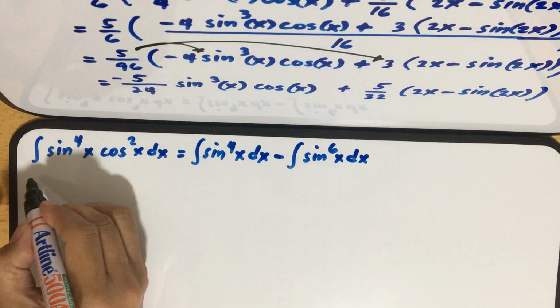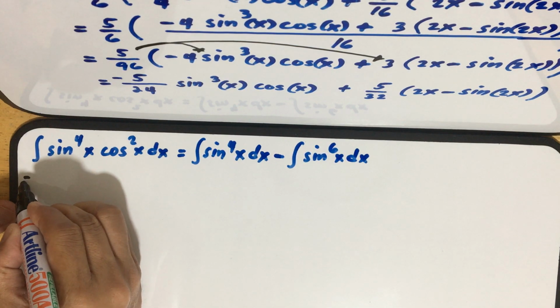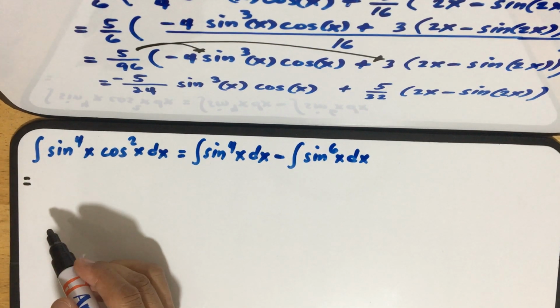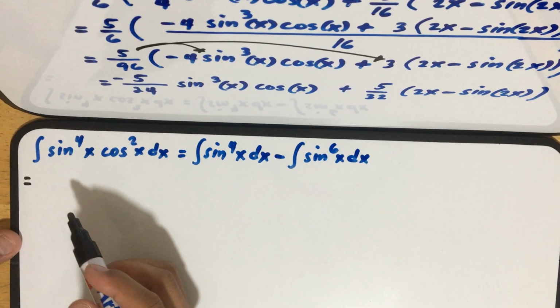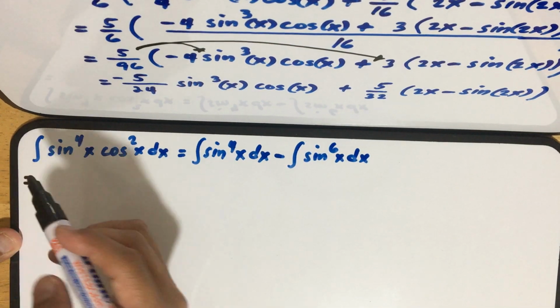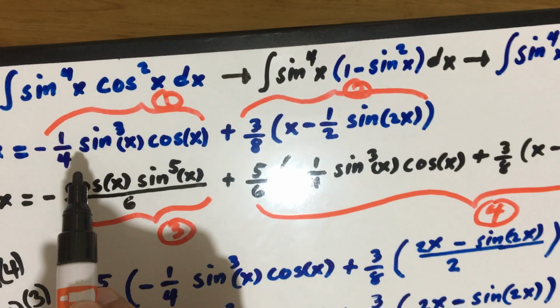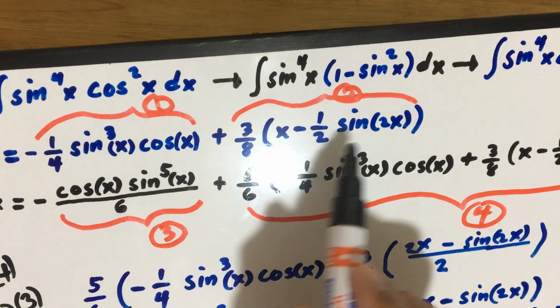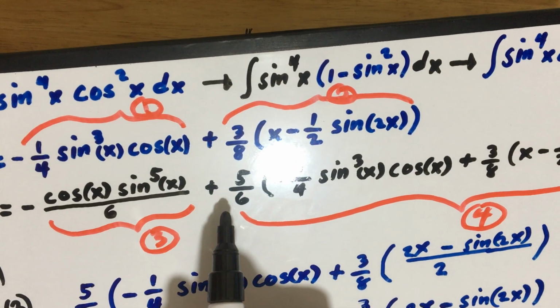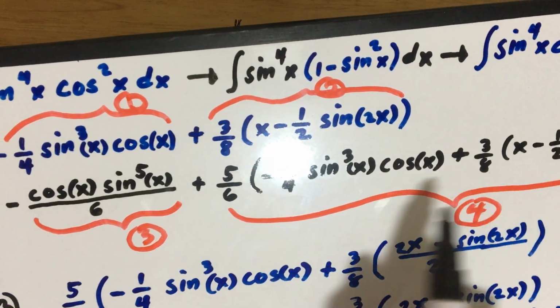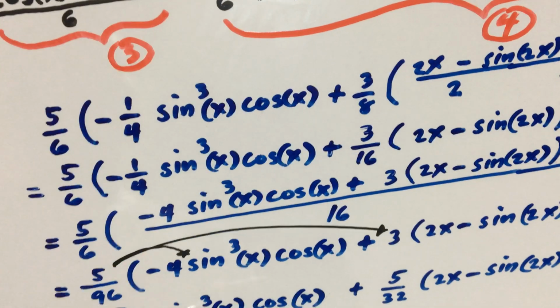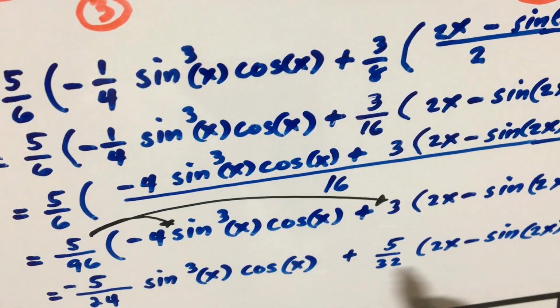Okay, so substituting, I will put the equal sign here. Start with number 1, the one that I showed you a while ago. So copy this one, then copy this one, but instead of this one, you have to copy this.